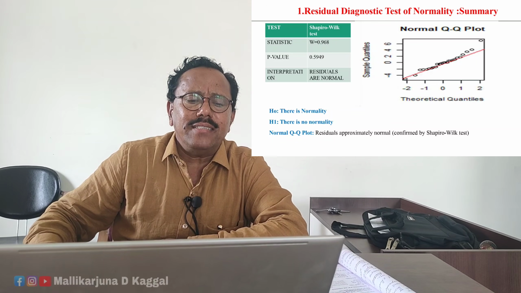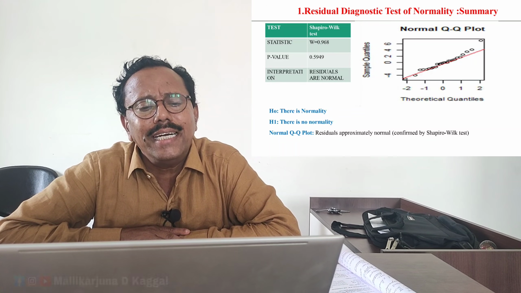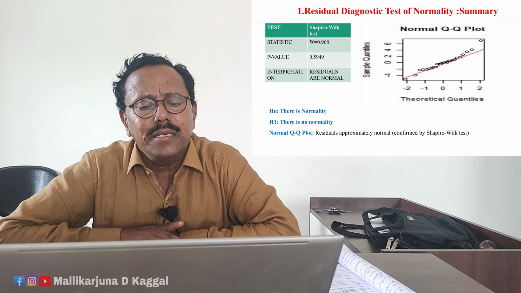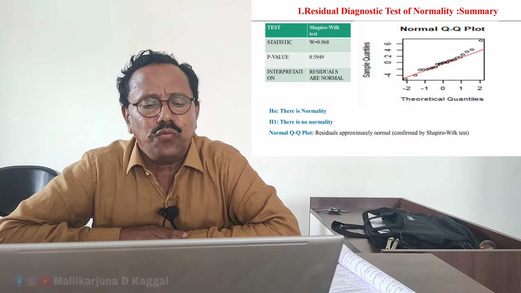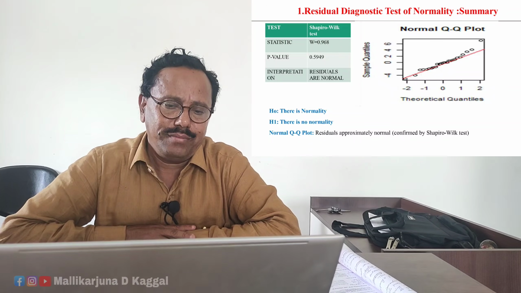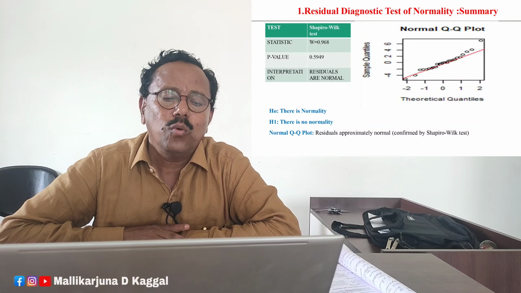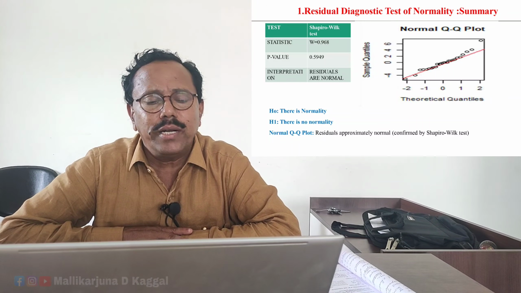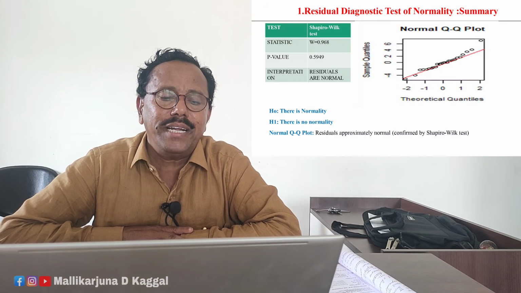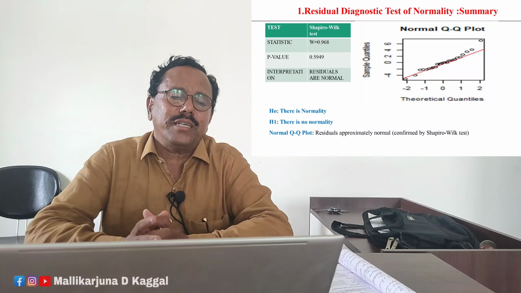The null hypothesis says that there is normality, your data is normally distributed. So this is one of the basic requirements for your results to be valid, given that almost all your adjusted R square values are more than 90. In order to say those results are correct, this is very much required.